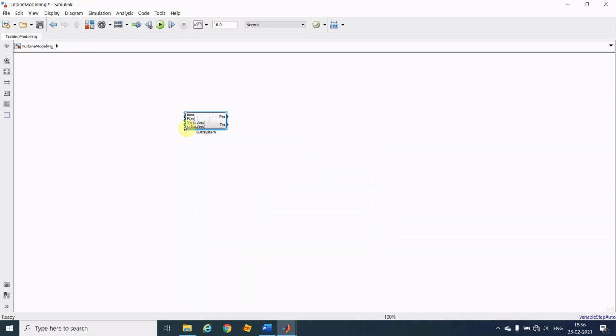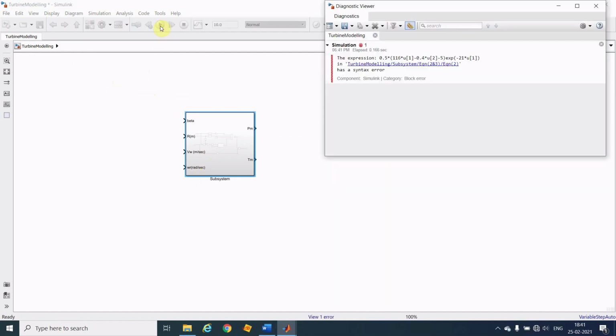So now our wind turbine is ready. Let's check it. We will run it to see whether there is any error or not. Yeah, there is an error.